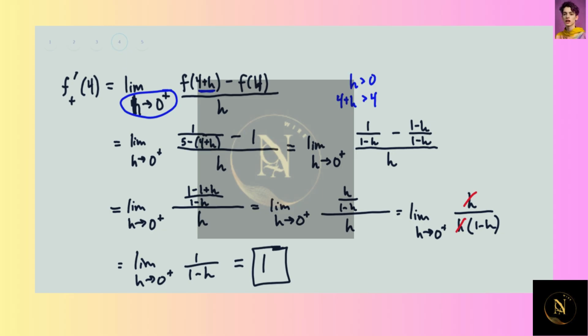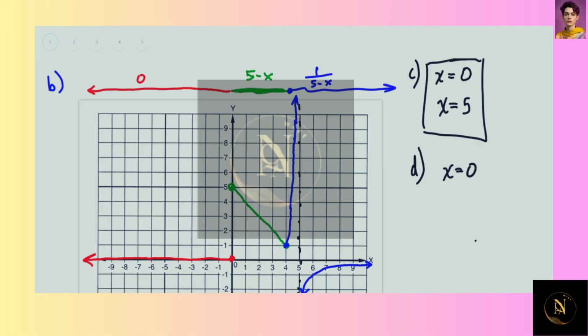They're not the same, so clearly f prime of 4 must not exist. We can see that just by looking here as well. The function comes to a point, a cusp. So there's no derivative at 4. And likewise, at x equals 5, it's not even continuous there, so it cannot be differentiable. Those are the only 3 places where our function is not differentiable.